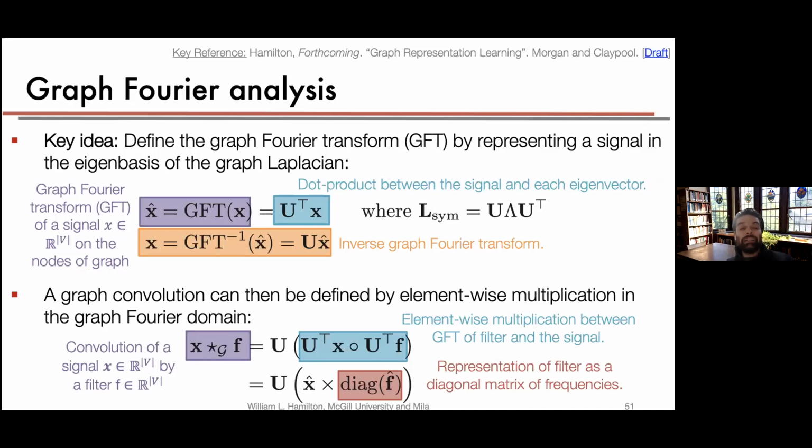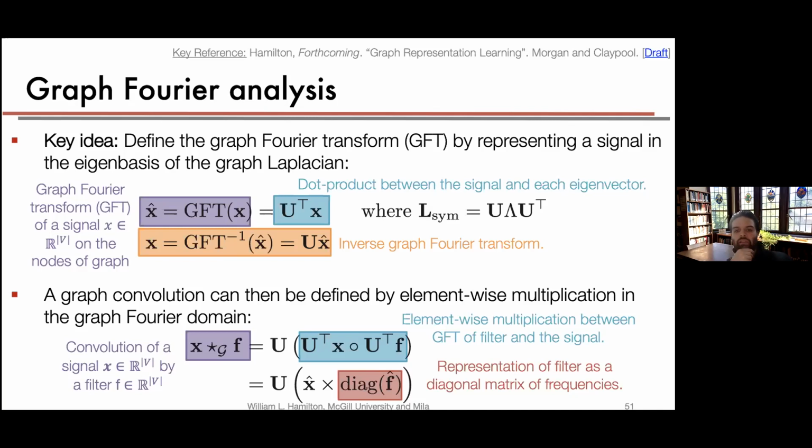We can then define a graph convolution as being element-wise multiplication in the graph Fourier domain. Again, a convolution in Euclidean domain is element-wise multiplication in the Fourier domain, doing the same thing in graph space. So the convolution of a signal on a graph by a filter f corresponds to taking the graph Fourier decomposition of both of these, taking their element-wise product in graph Fourier space, and then we can come back.